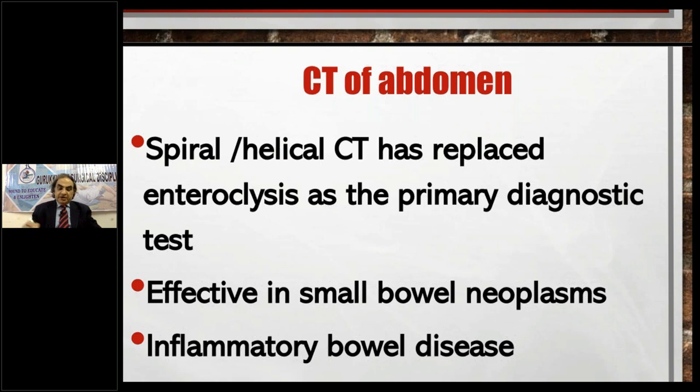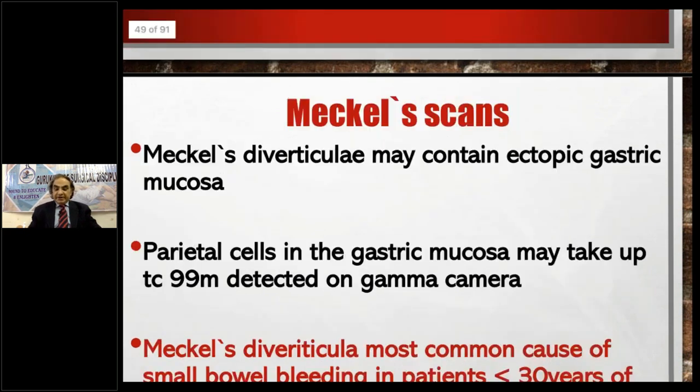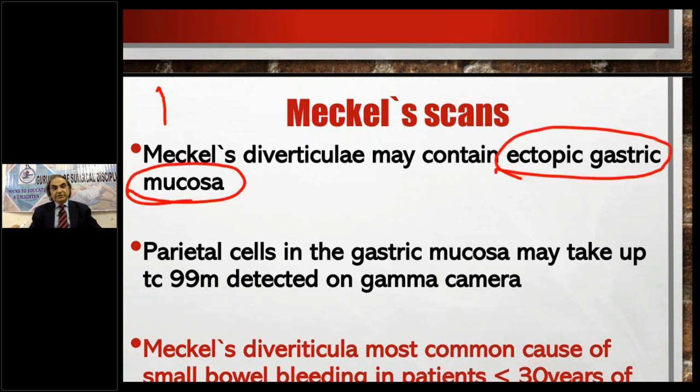Now, the Meckel's scan is a term which is commonly asked about and you should be familiar with. Like I said, Meckel's is a very important cause in a lot of scenarios manifesting as lower GI hemorrhage. It occurs in about 2% of individuals, the rule of 2, you know that. It is about 2 centimeters long.